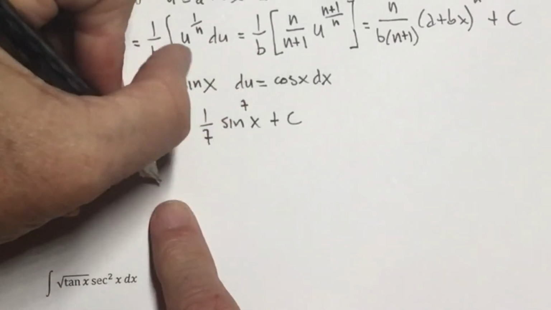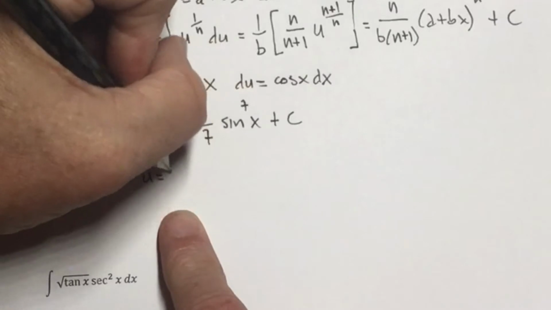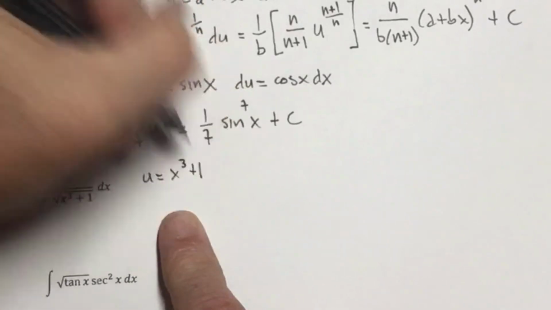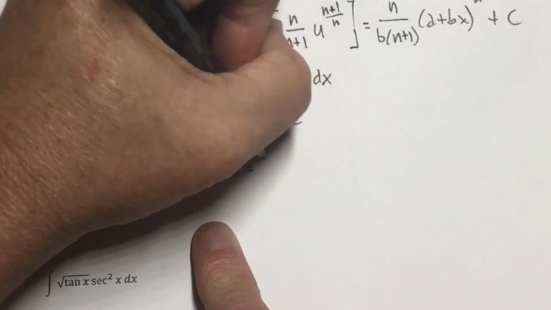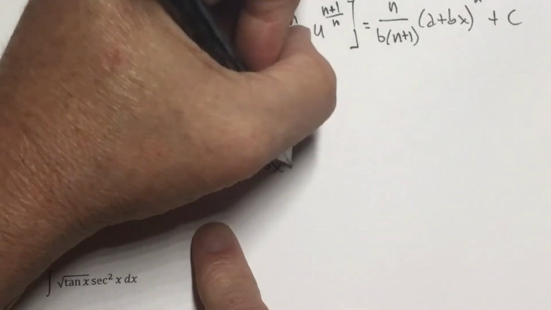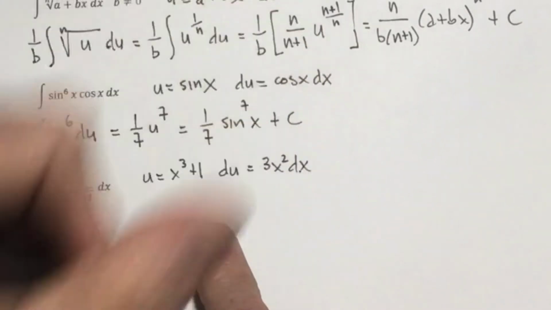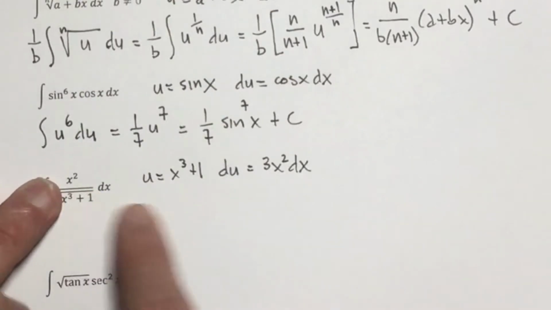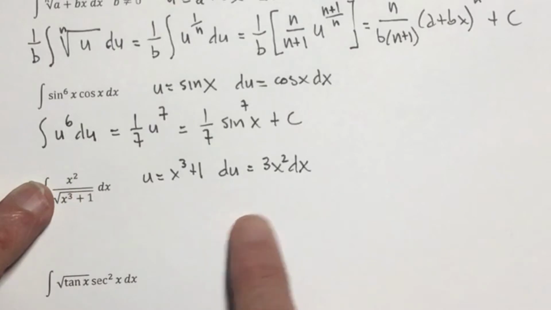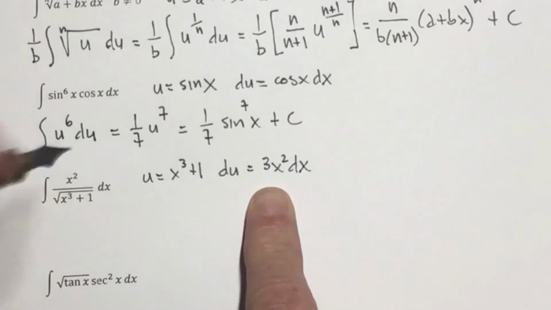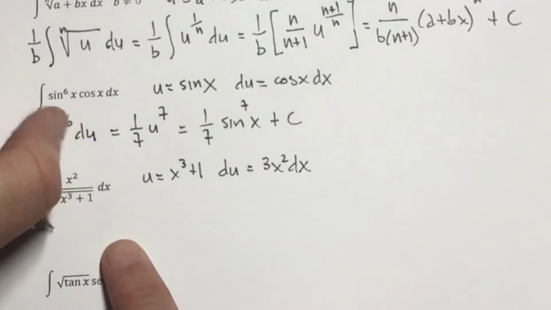So let's make u equal to x cubed plus 1. That means du will be equal to 3x squared dx. Well, there's my x squared dx. That's all accounted for. I can substitute that in there very nicely. But I don't have a 3, do I? But we can fix that by putting a 1 over 3 outside the front.